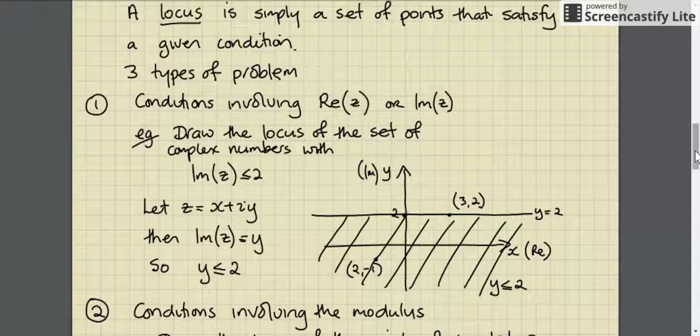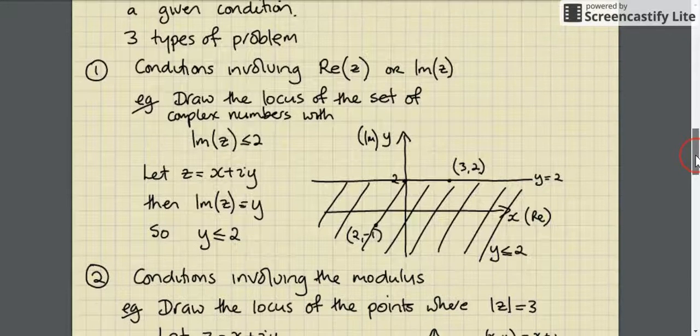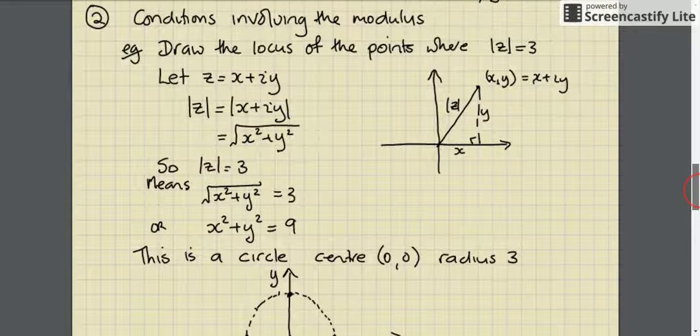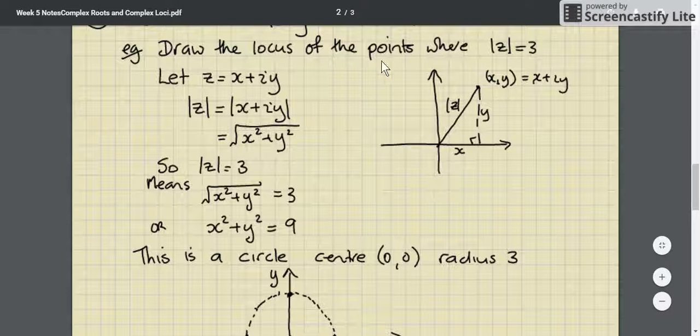The second type of problem that we encounter, where we're asked about the locus of a set of points, involves the modulus. So the question here is draw the locus of the set of points where the modulus of Z equals 3. Again, let Z equal X plus IY. And we know from last week that the modulus of Z, using Pythagoras' theorem, is the square root of x squared plus y squared.